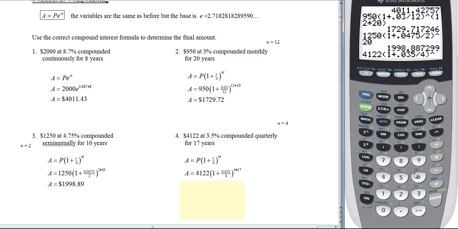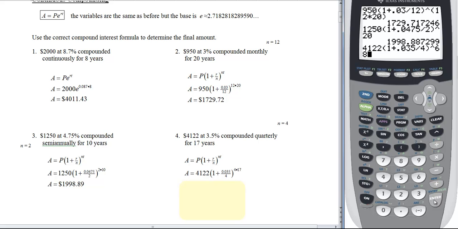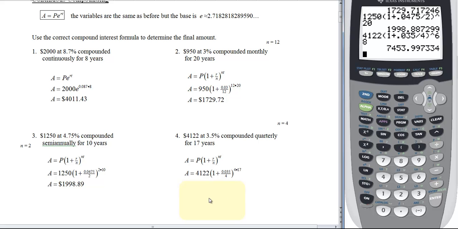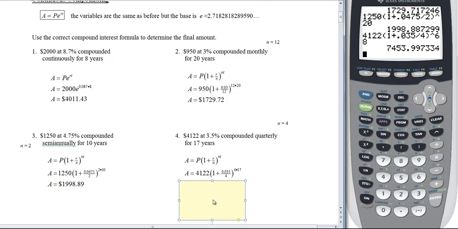Try 4 times 17 in parentheses. Let's see if I multiplied right. Yay! Now, this is money. We round to the second decimal place. Since this is 5 or greater, I add 1, which changes everything. So $7,454 is what we would have under that situation.